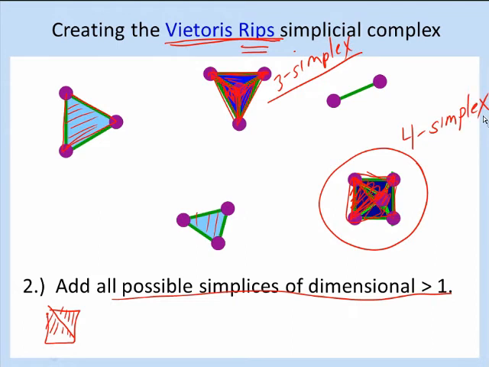So the 4-dimensional thing, which I won't try to draw, we'll just say it exists, and this 4-simplex, all it does is it tells me that I've got 5 points that are close to each other. So that's how we create our Vietoris-Rips complex.